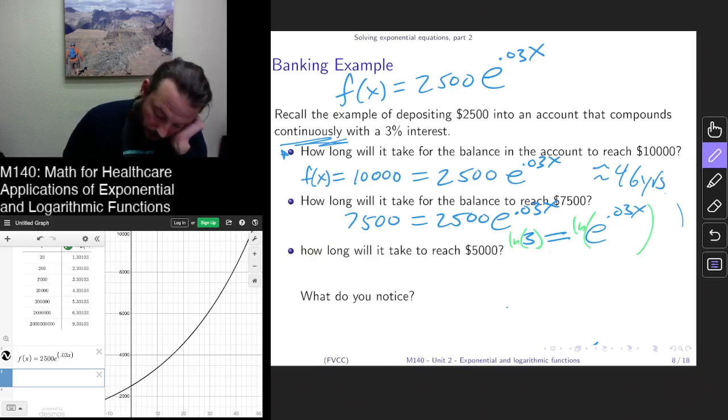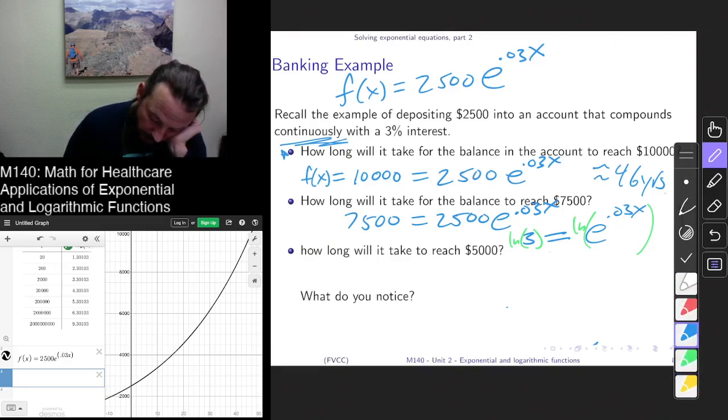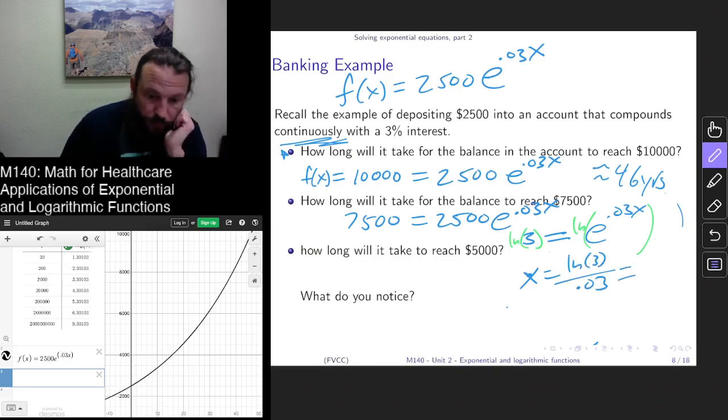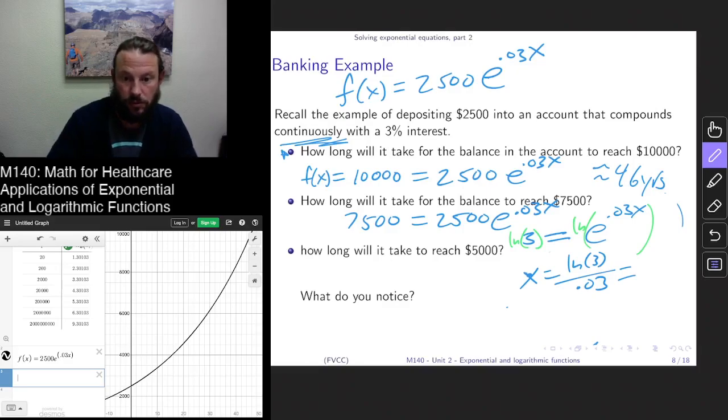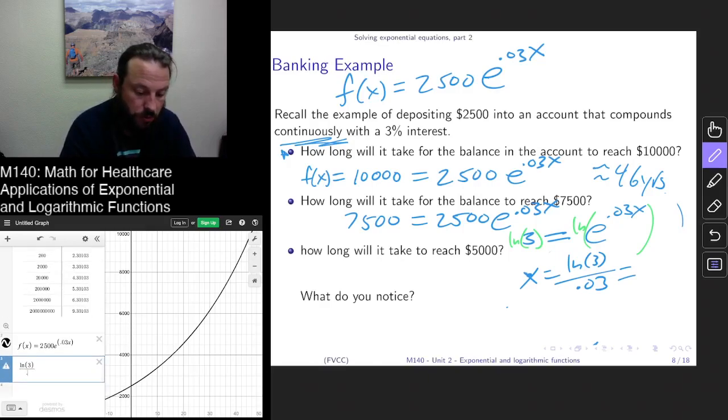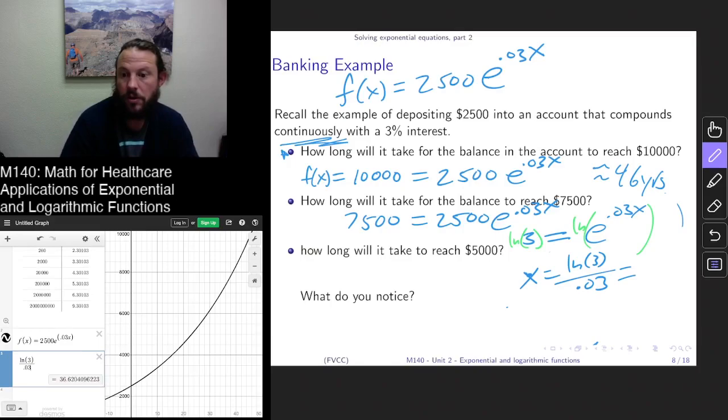and we get, I'm going to do this one a little quickly, but same steps as before, and we end up with x equal to natural log of 3 divided by 0.03, and that equals what? Remember, we can just calculate the natural log of 3 divided by 0.03. And let's call that about 36 and a half years.